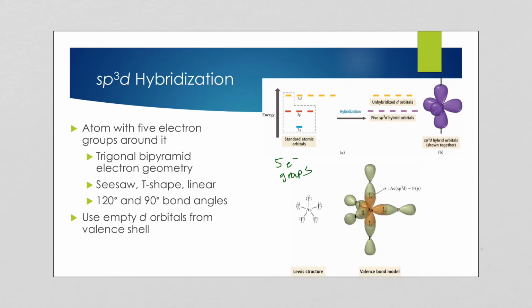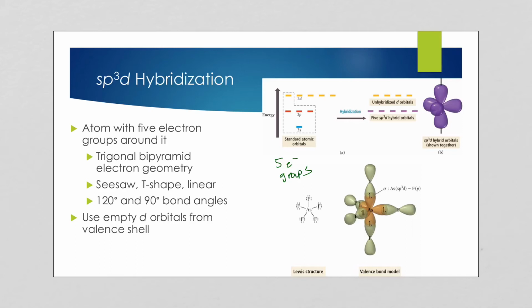And in order to match the bonding environment, we're going to need 5 orbitals that are equally spaced, or that are spaced in a trigonal bipyramidal environment. And so to make 5 orbitals, we have to start with 5 orbitals. So of course, we only have 4 if we just use s and p, so we need to pull in a d orbital.